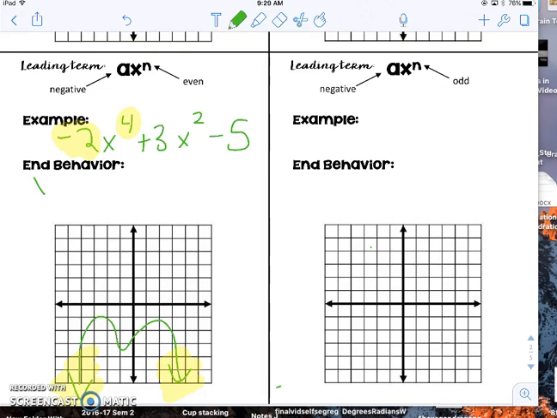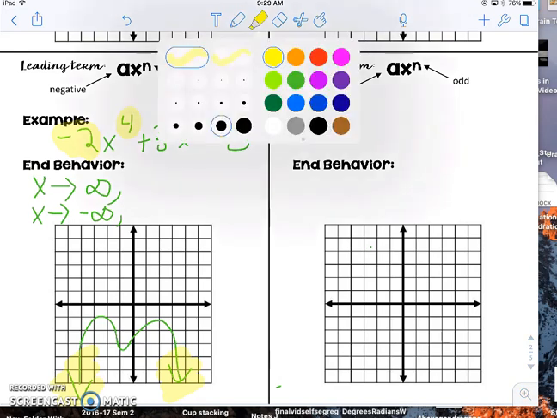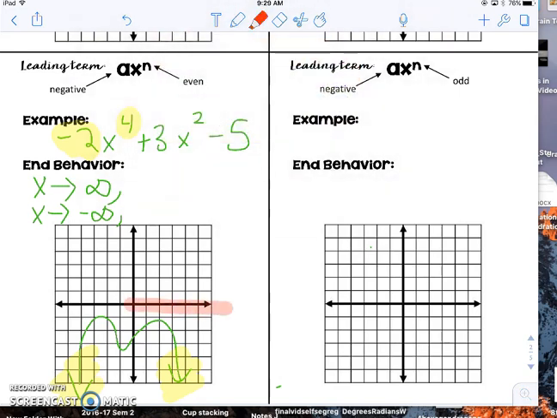So our end behavior here, and end behavior always starts as x goes to infinity, and then we also want to know as x goes to negative infinity. Well, what happens here? As x gets bigger, our graph ends up going down. As x gets smaller, our graph is also going down. So both of these would be y goes to negative infinity. Erase that. That should be negative infinity.